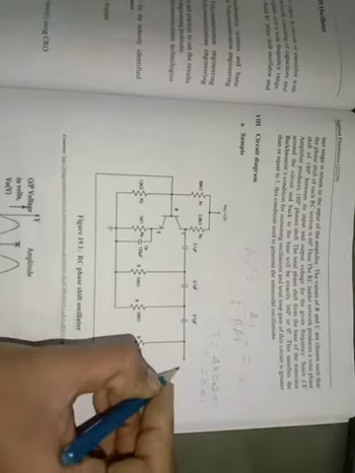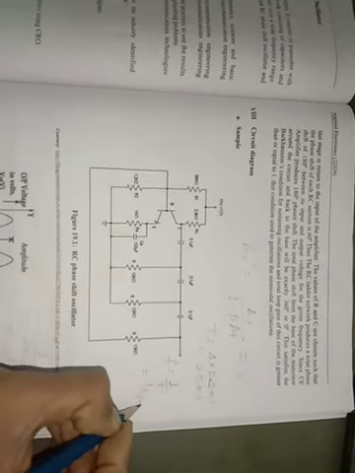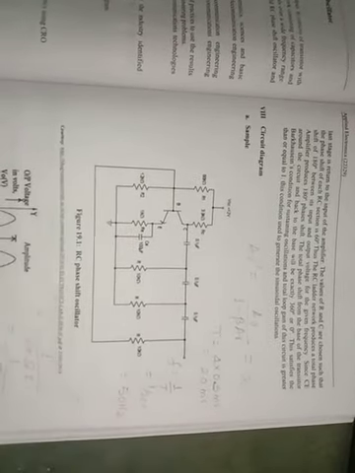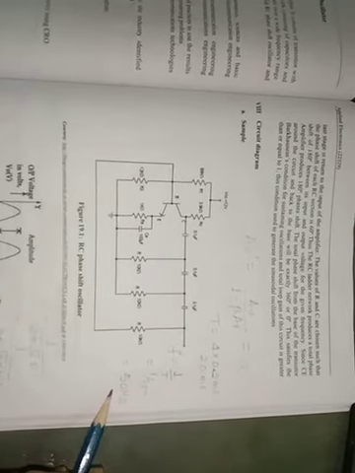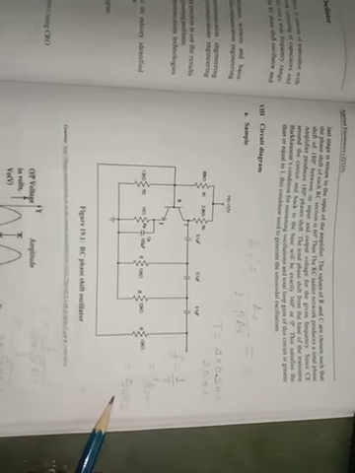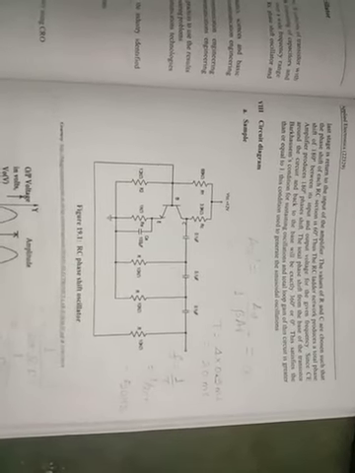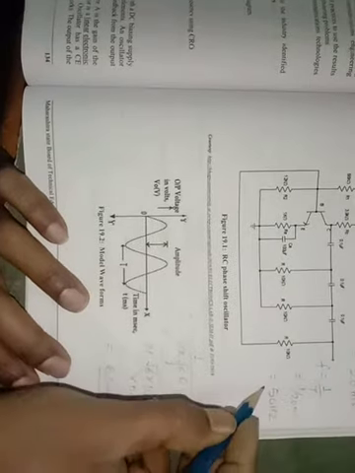Now this is the time period. Frequency is equal to 1 upon T, 1 upon 20 millisecond, which equals 50 hertz. So practically the output frequency is 50 hertz, and theoretically using the formula we have calculated it as 63 hertz.